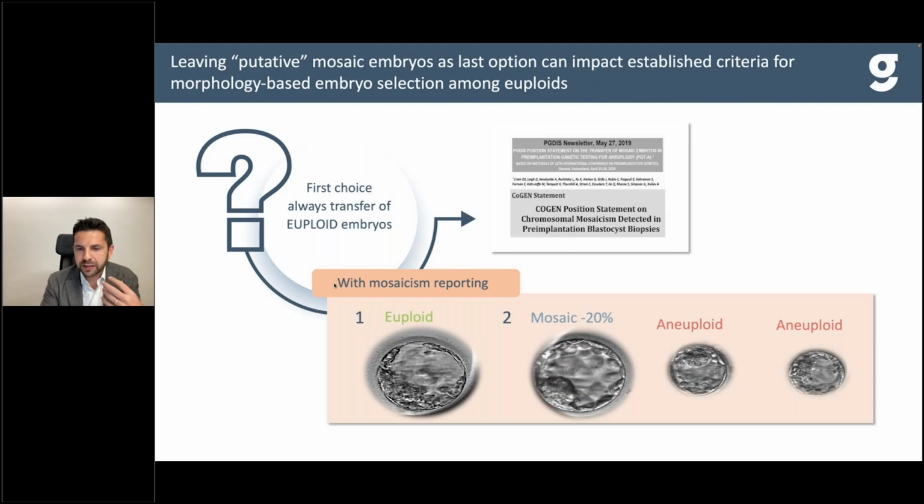I think there is definitely no evidence today to recommend this. Morphology should be part of the evaluation, because there is no study today showing that transferring bad morphology, bad quality euploid embryos is a better solution for patients than replacing a low putative mosaic embryo of better quality. So this is, I think, very important to be considered.